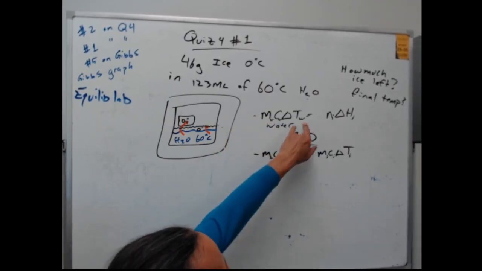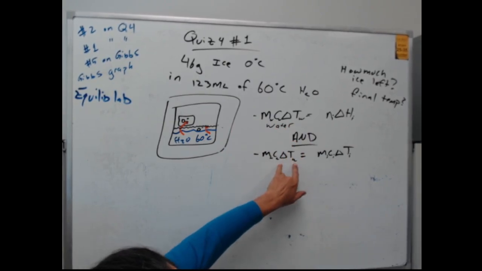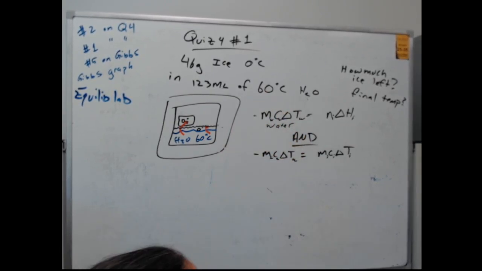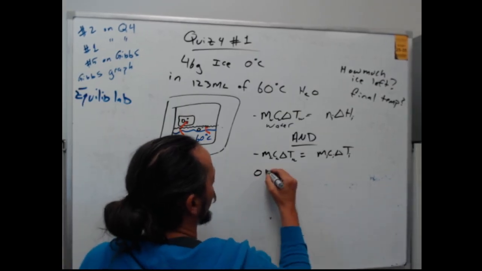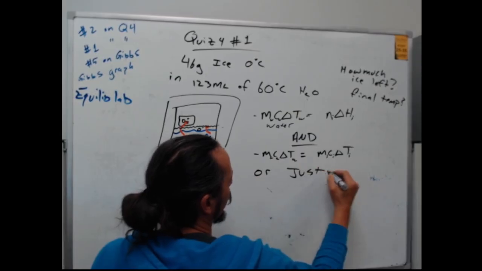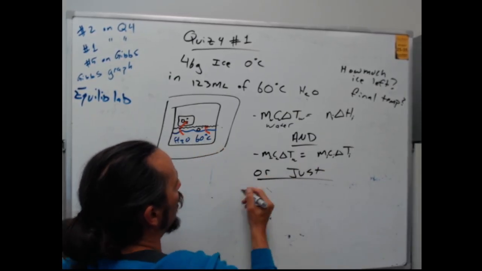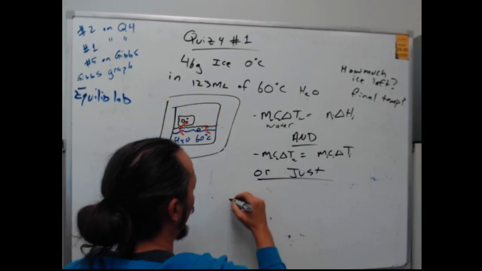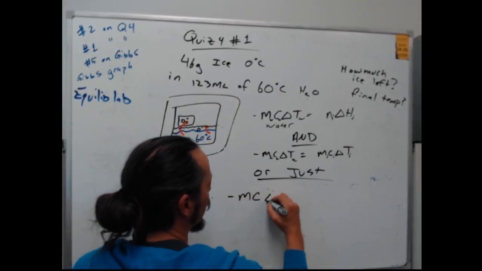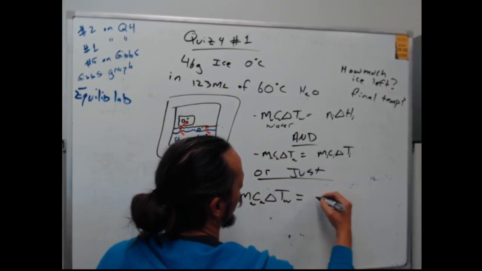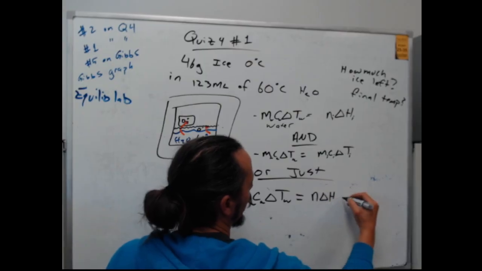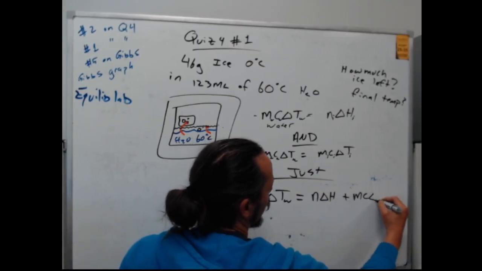This is going to have a small delta T, this is going to have a larger delta T, but since it's all the same system, I can just put this together as my water is losing energy twice. So I'm going to have this MC delta T for the water equals the n delta H plus the MC delta T.